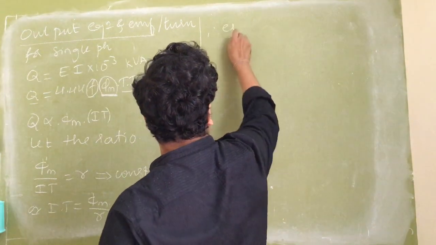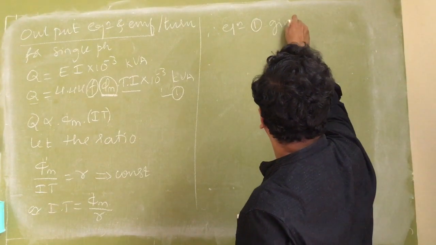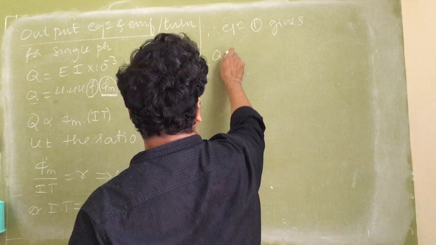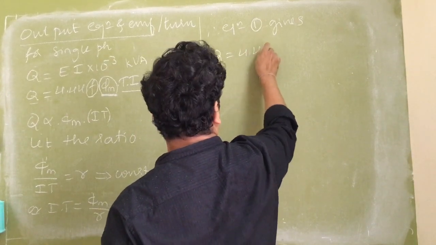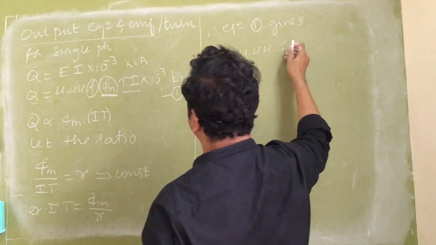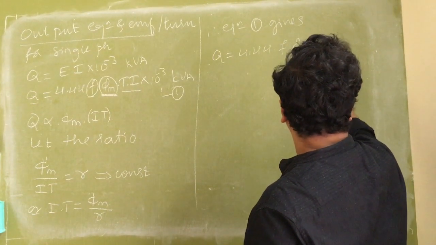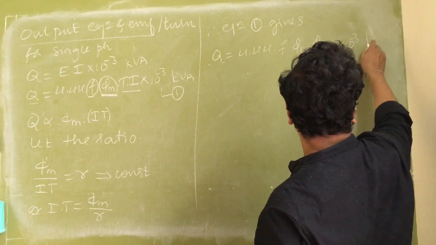Therefore, equation 1 gives Q is equal to 4.44 F phi m into phi m upon R into 10 to the power minus 3 kVA.